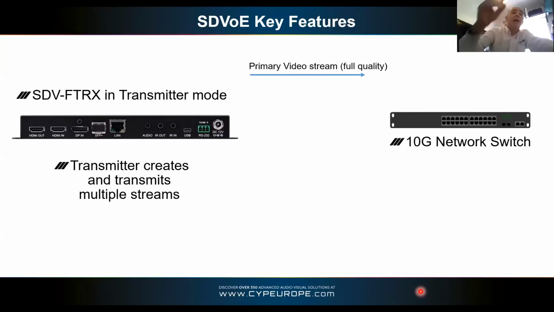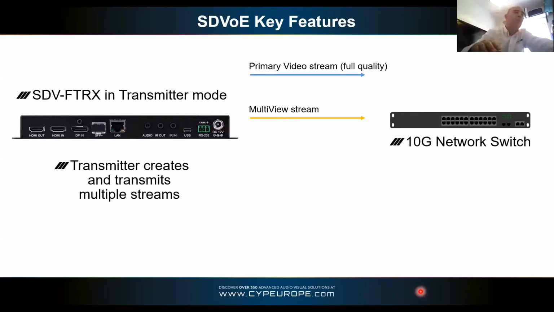Right, yes. So we have various streams going on here. You've got the primary video stream, which is the fullest quality video you can get, so that includes 4K 60 and the like. Then you have a multi-view stream. The exact nature of this stream depends on how you set up the multi-views and the quality of each image.